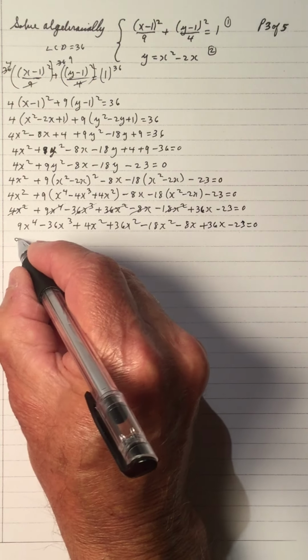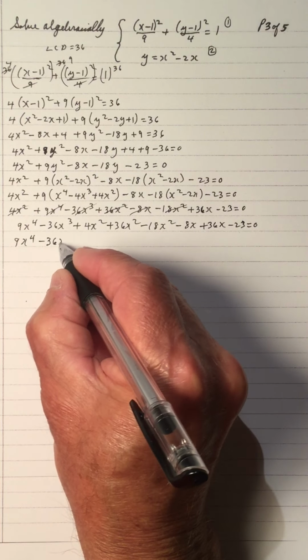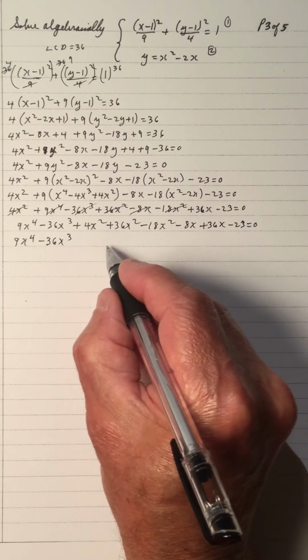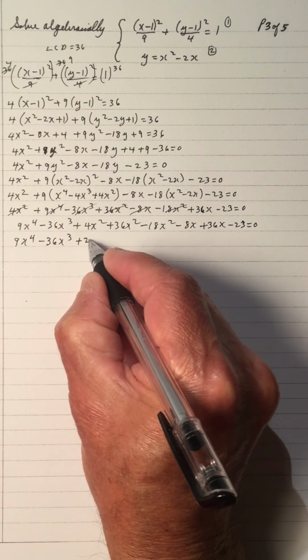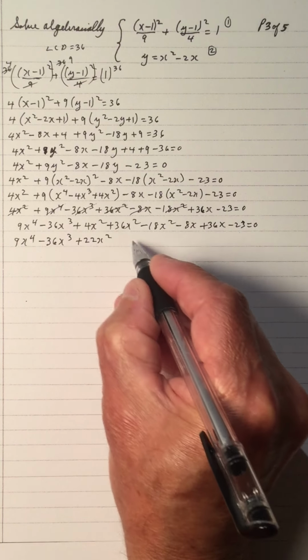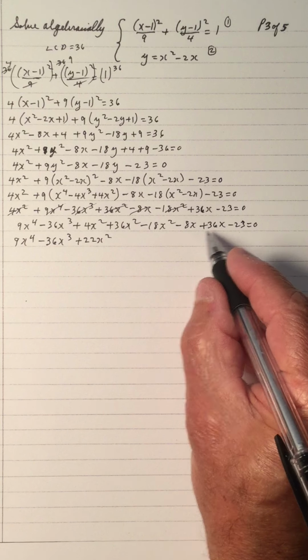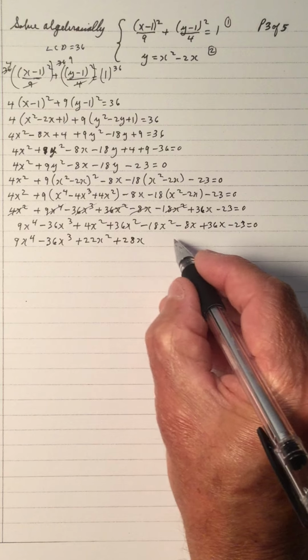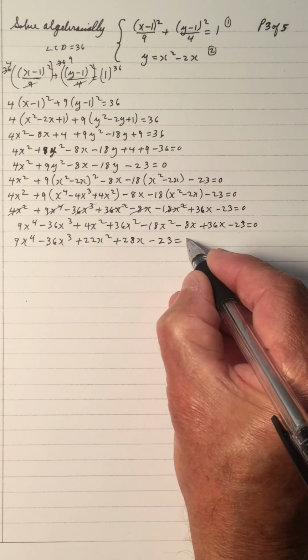And simplify that. I get a 9x to the 4 minus 36x cubed. When I add up all the x squareds, I get 4 plus 36 is 40, minus 18 is a plus 22x squared. Add up all the x's, and I get a positive 28x minus 23.